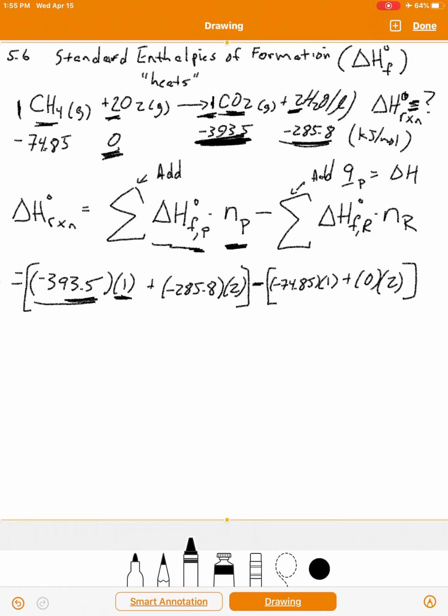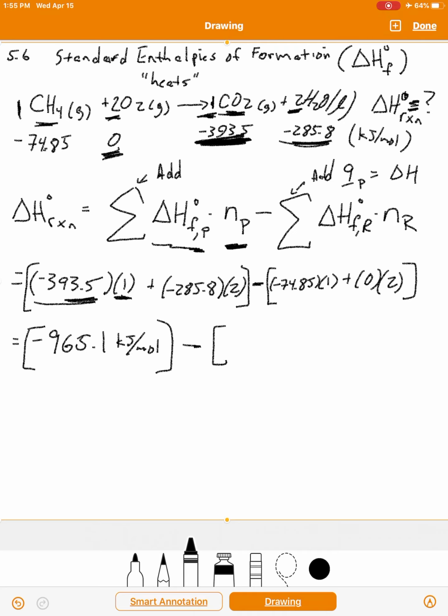So negative 393.5 plus 2 times negative 285.8 is negative 965.1. I'll go ahead and put the units in here, kilojoules per mole. So I'll put that in the brackets again, just so that you can see that what I'm writing there is everything that's on that bracket on the left. And then we'll do everything on the right.